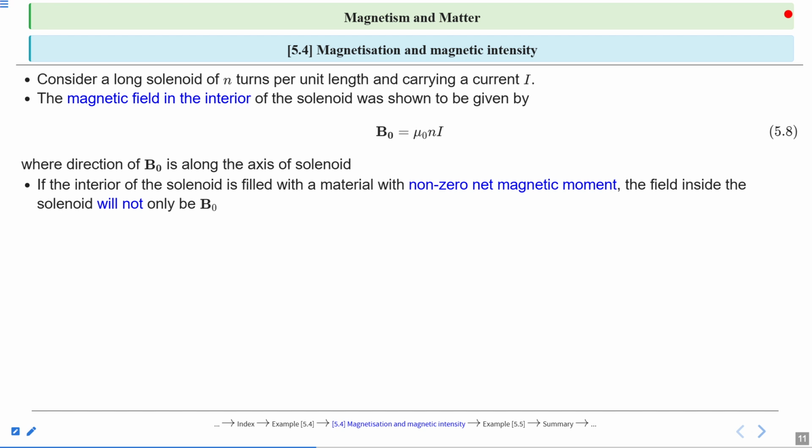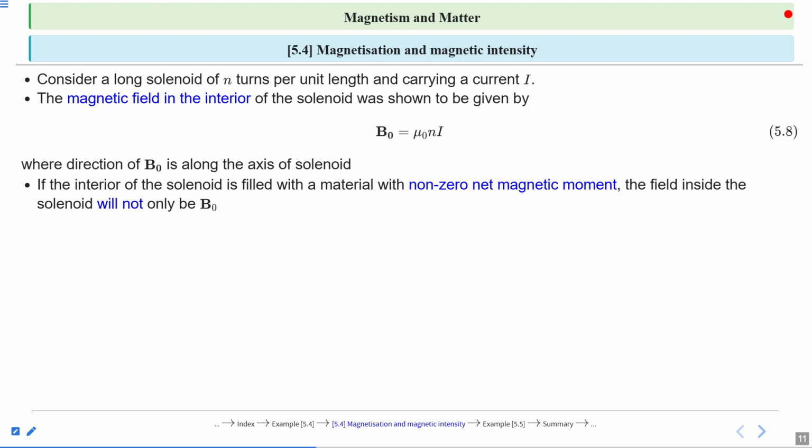If the interior of the solenoid is filled with a material with non-zero net magnetic moment, meaning the material has inherent magnetism, the field inside the solenoid will not be B naught.